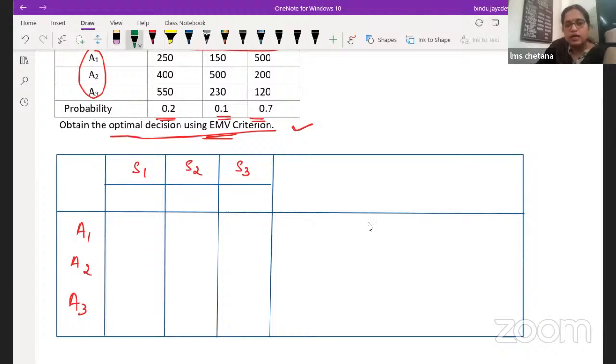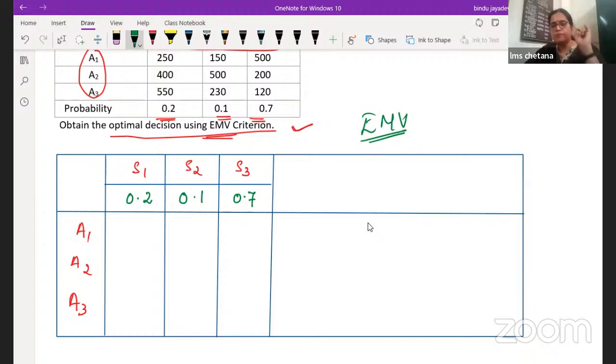Below S1, S2, S3 write the probability: 0.2, 0.1, 0.7. For EMV criteria, if you make the columns this way, it will be easy for you to construct it. So A1, A2, A3, S1, S2, S3, and below them write the probability. In the question the probability row comes right at the bottom, but make it up.